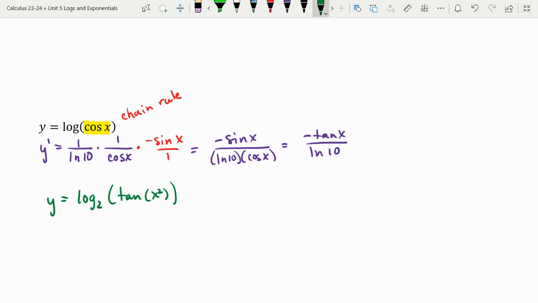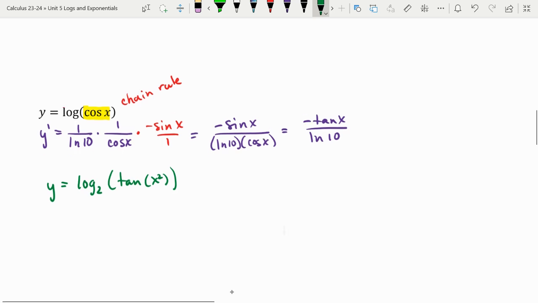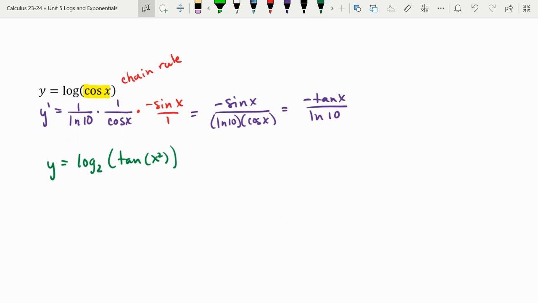If you would like to try it, go ahead and pause the video and see if you can find y prime. So because I'm in log base anything other than e, I need 1 over ln of the non-e base. So since this is base 2, I have 1 over ln 2.